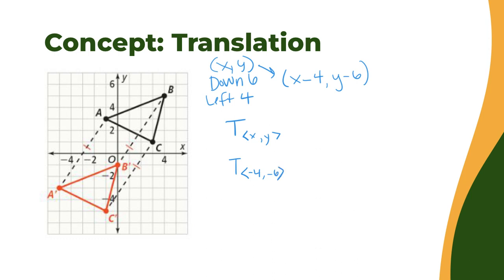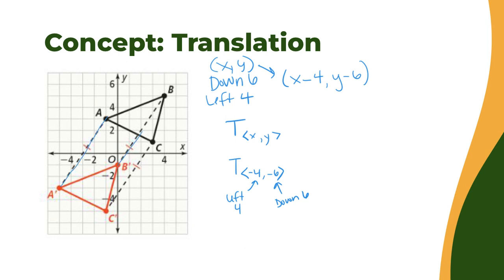That's the notation you're going to see in your textbook for your homework, and it means left 4, down 6.